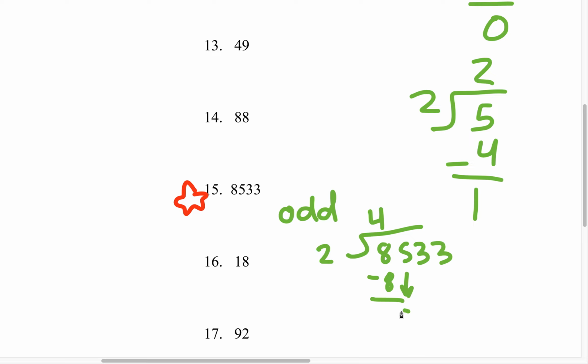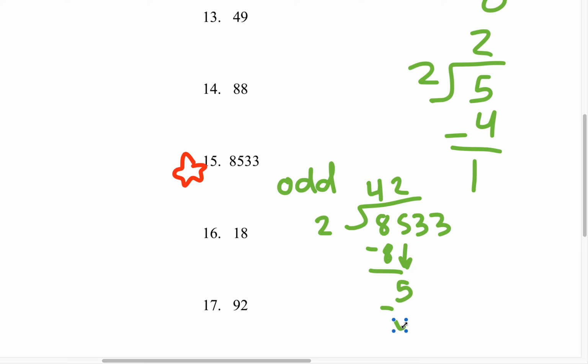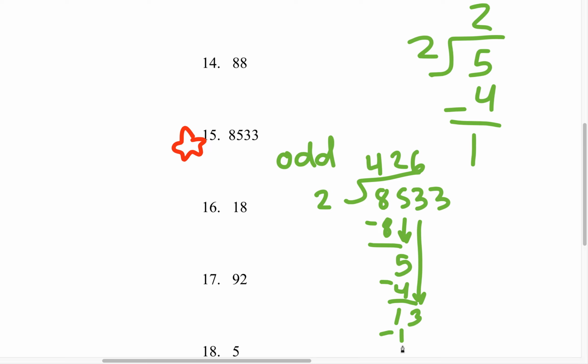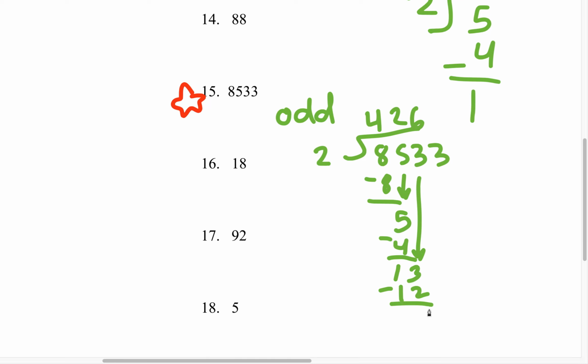I'll do this very quickly. So far you can tell there's a remainder happening. And yes, there is a remainder, as you can tell at the bottom. So therefore, this is odd.